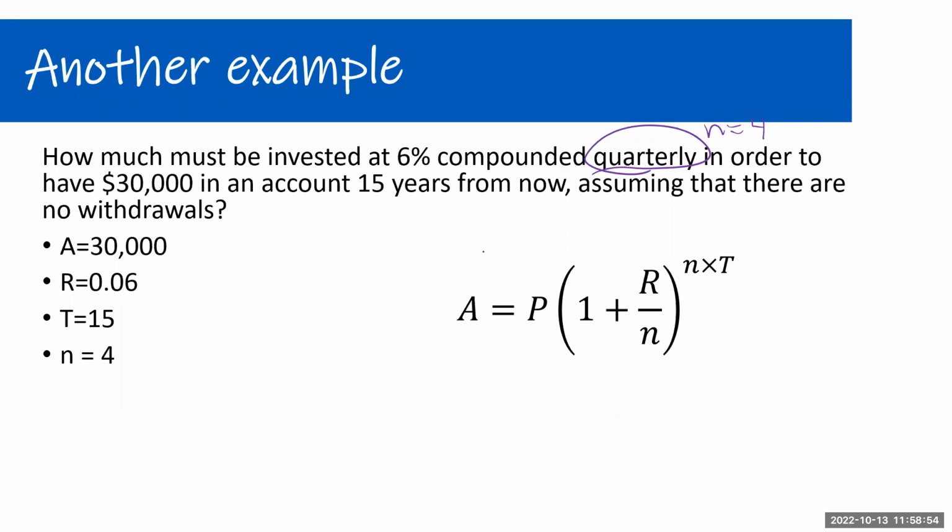You want in 15 years, so A is going to be 30,000. You want to know how much do you have to invest? So our A is 30,000, our R is 0.06, T is 15 because we're doing 15 years, and N is 4 because it's quarterly. Plug this in, pause for a moment, and solve for P.